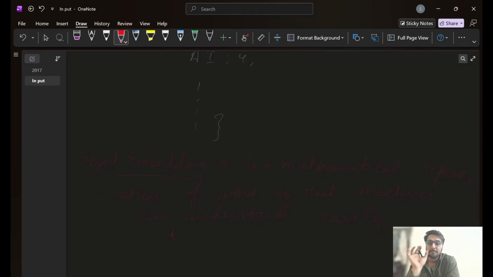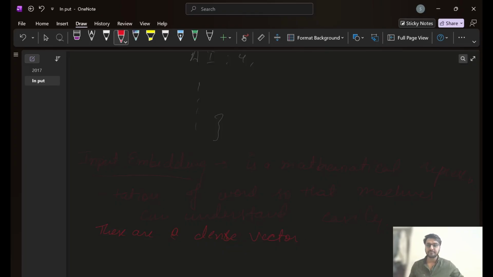Embeddings are nothing but dense vectors. So now we have reached the input embeddings, and you now have an idea of what input embeddings are. These are vectors that represent each word.